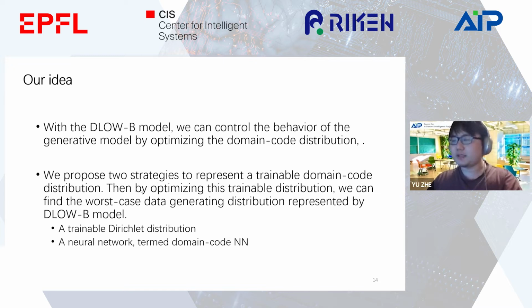For these two strategies, the first is using trainable Dirichlet distributions to represent the domain code distributions. And the second is using a neural network, termed the domain code NN, to represent the domain code distributions.